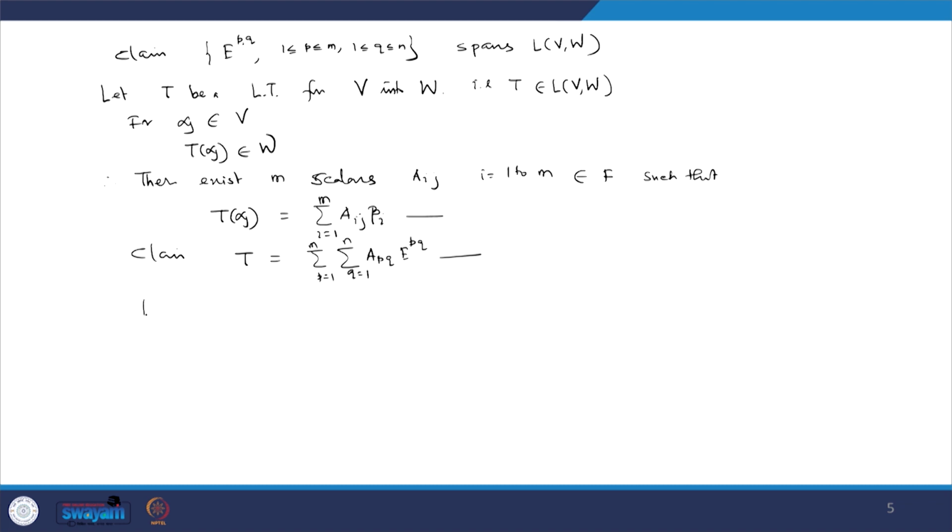Let U be some linear transformation from V into W, let me give the name capital U. So U is equal to the sum over P equal to 1 to M and Q equal to 1 to N of APQ EPQ.